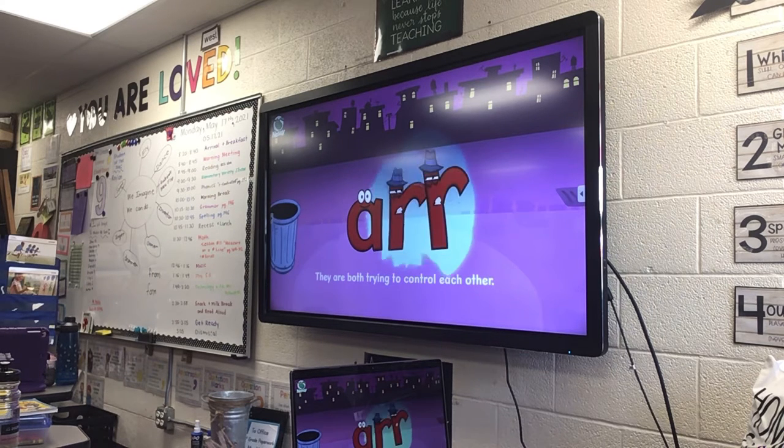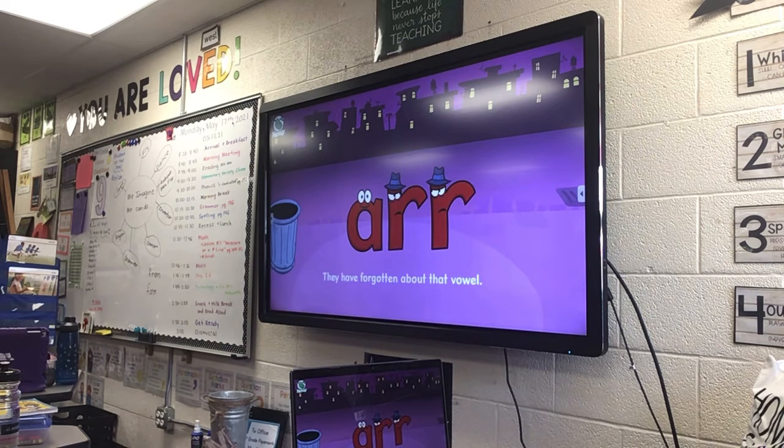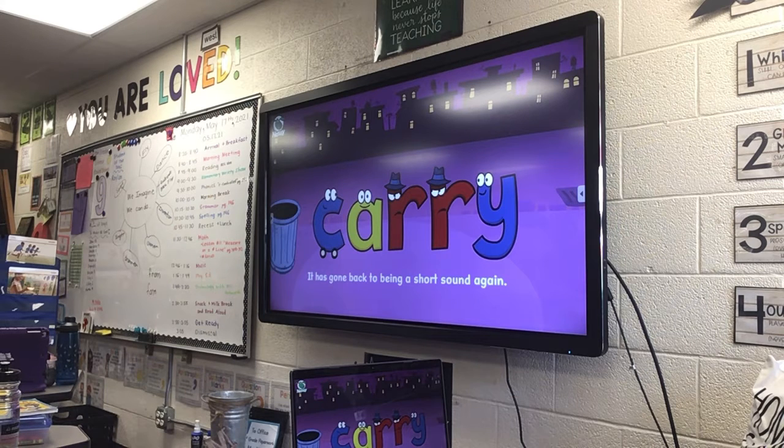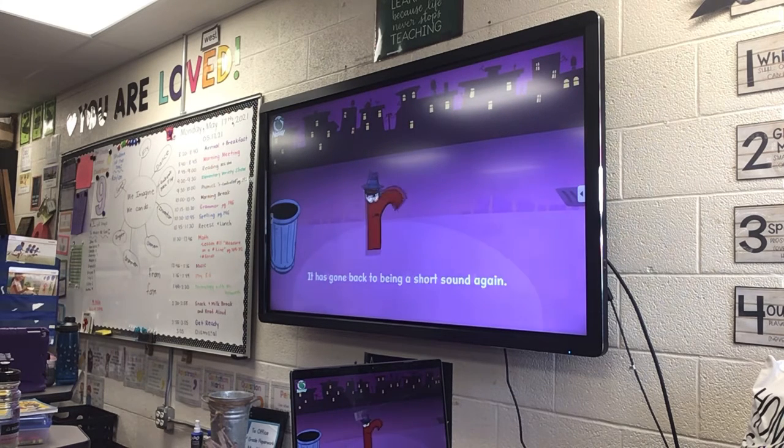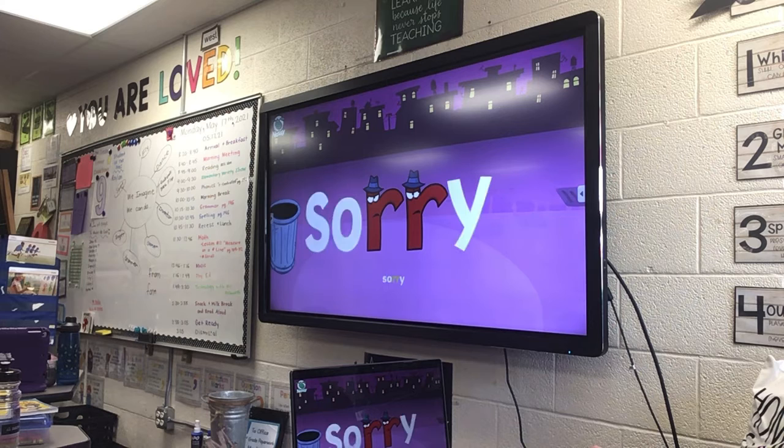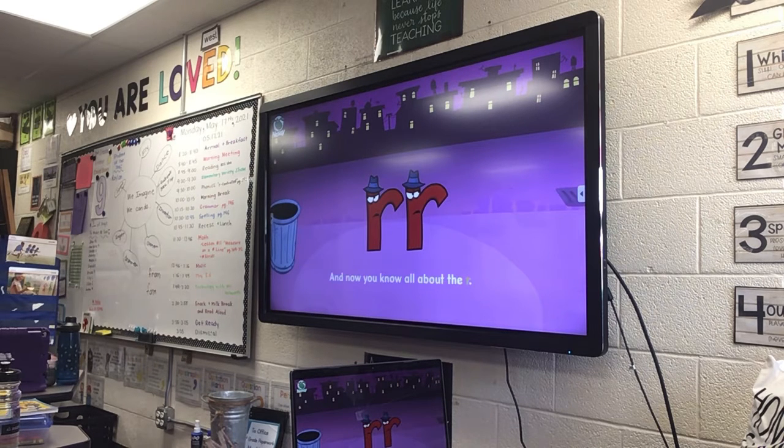They're both trying to control each other. They have forgotten about that vowel. It's gone back to being a short sound again. Carry. Remember, one R controls the vowel, but two R's leave the vowel as a short sound. Here are some more words with two R's. Hurry. Sorry. Very. And now you know all about the R. So, look out for those R's. They are powerful letters.